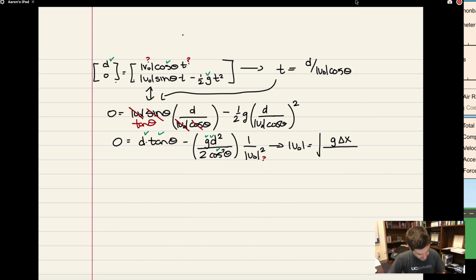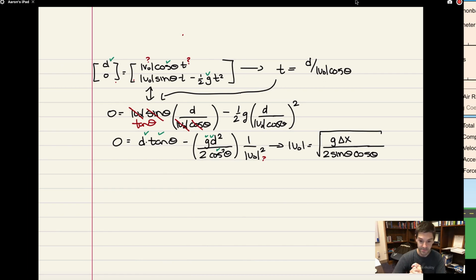So I get something that looks like this, I think. Essentially, I undo the tangent and write it again as sine divided by cosine, and then one of the cosines gets canceled from the other term once you go through the algebra.